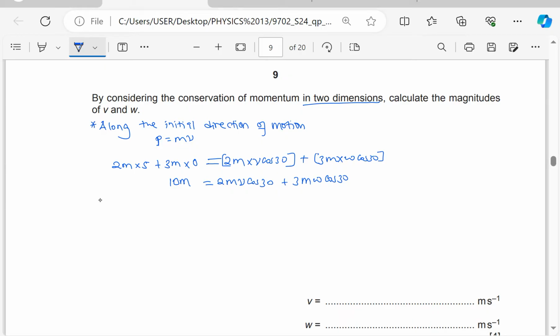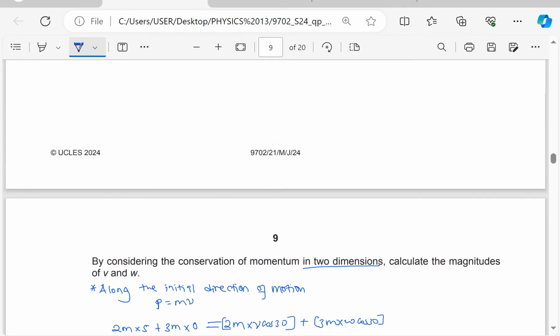Then I'll say perpendicular to the initial direction of motion.